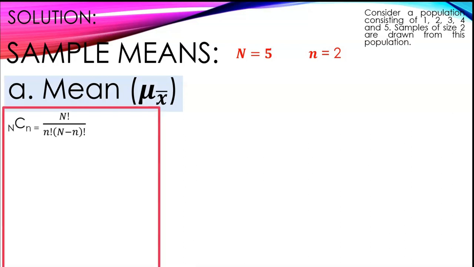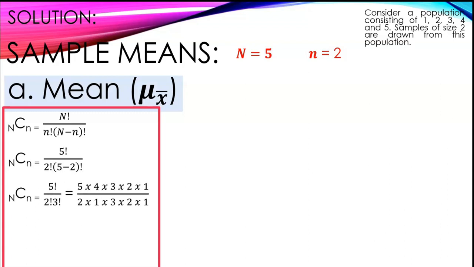Just like what we learned in lesson 8, let's first identify the total number of samples that we can get from our population. We use the formula, number of samples is equal to population size factorial over sample size factorial times N minus n factorial. Now we substitute the values of our capital N and small n. That's 5 factorial over 2 factorial times 5 minus 2 factorial.